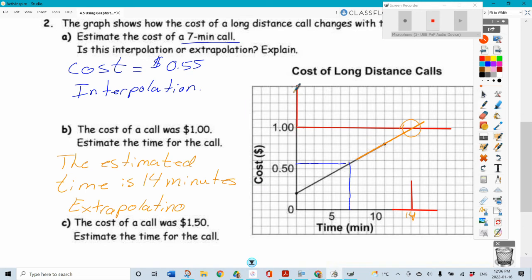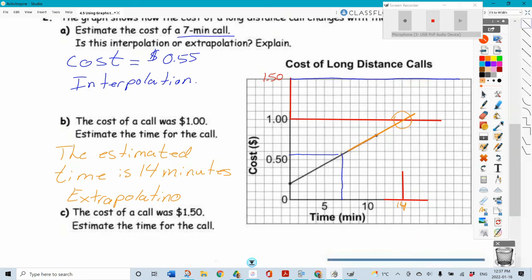So right at the top is where my $1.50 is going to be. Then I'm going to extend it over quite a ways, and then extend the graph line that I already have, right up like so.